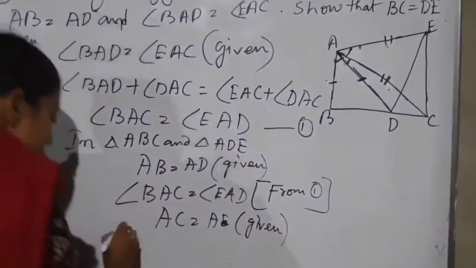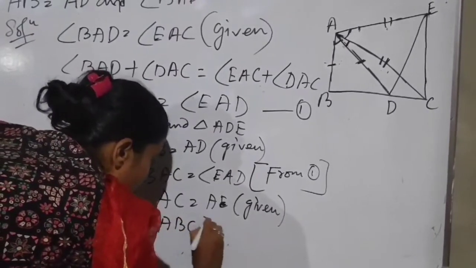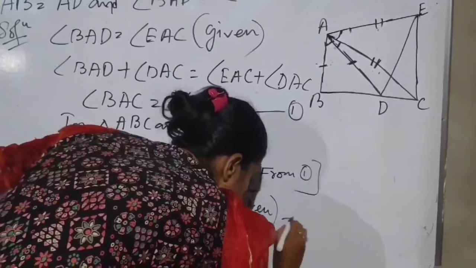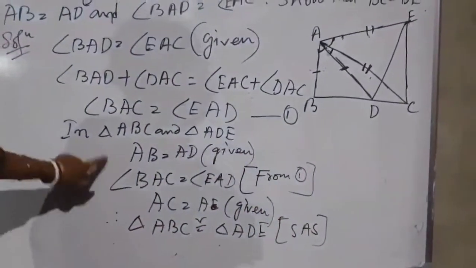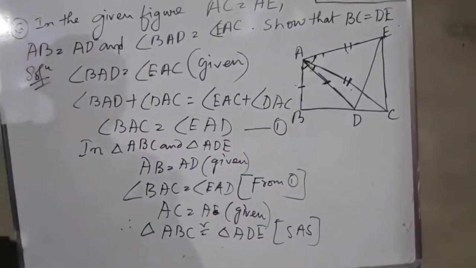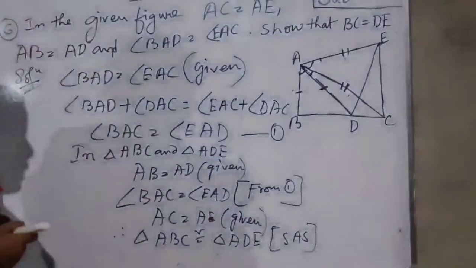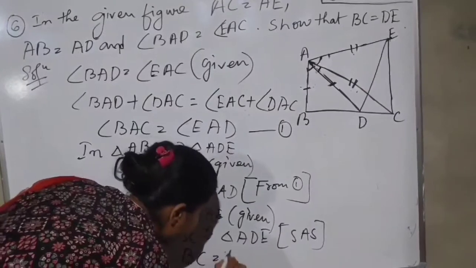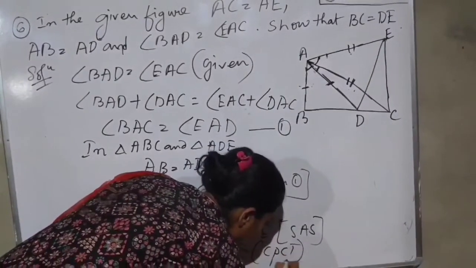So therefore we can say triangle ABC congruent triangle ADE by SAS. So from here, if these two triangles are congruent, we can say that BC equal to DE by CPCT.